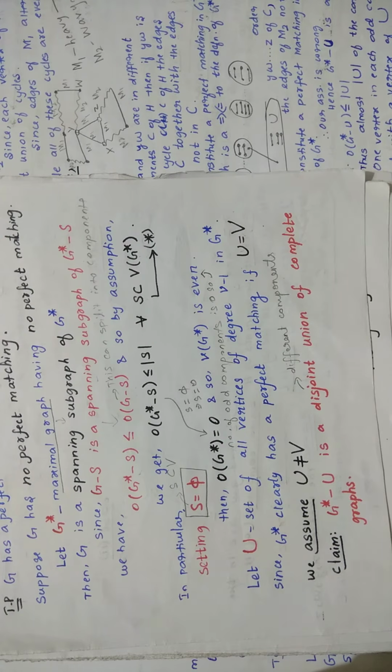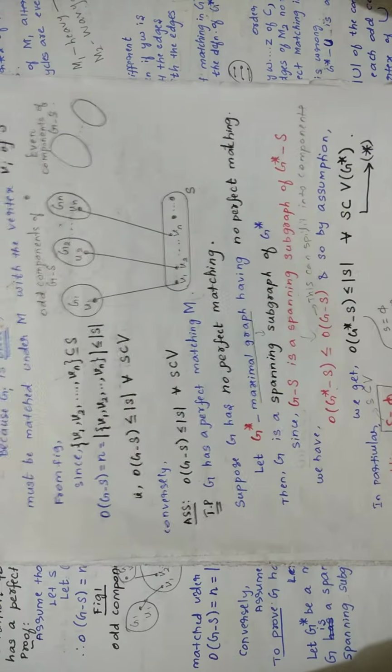It means this graph has different components, and it is the union of complete graphs. That is how you are going to prove. That is what we have to prove. Let's see how we are going to prove that.